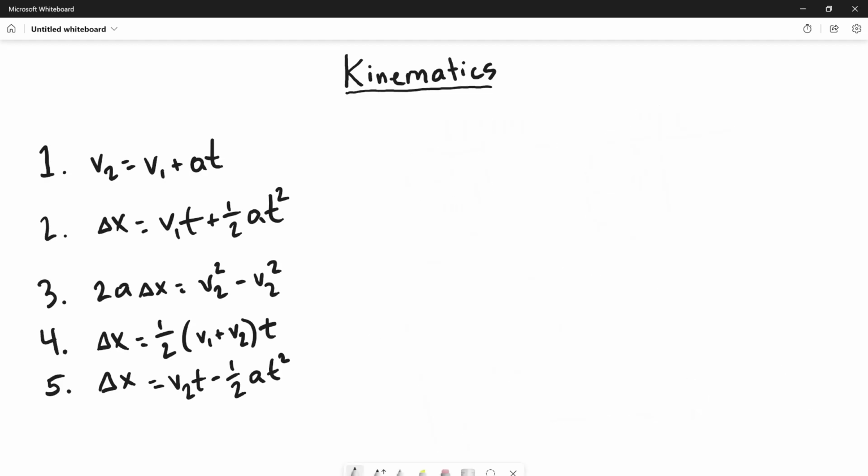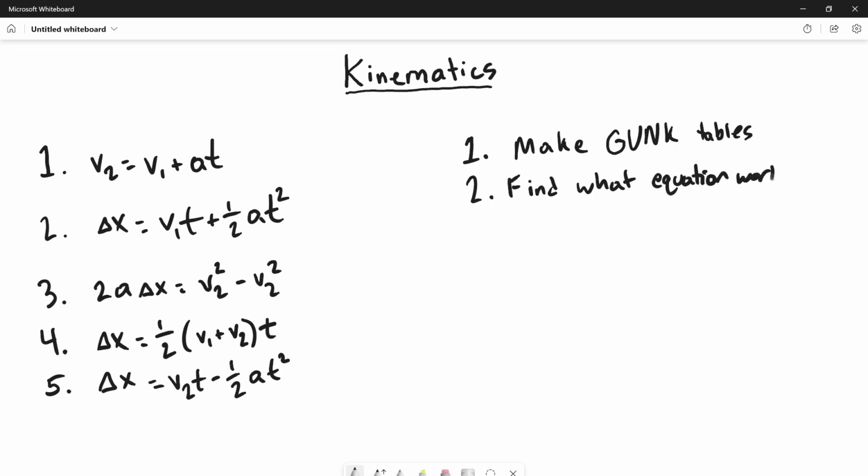To sum everything up, your first step, make your gunk tables. Second step, find what equation works. And number 3, rewrite the equation. I know lots of you will think you can skip that step, and if you're advanced, go for it.